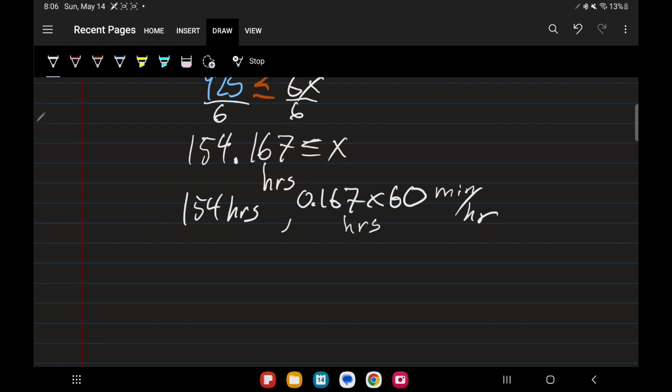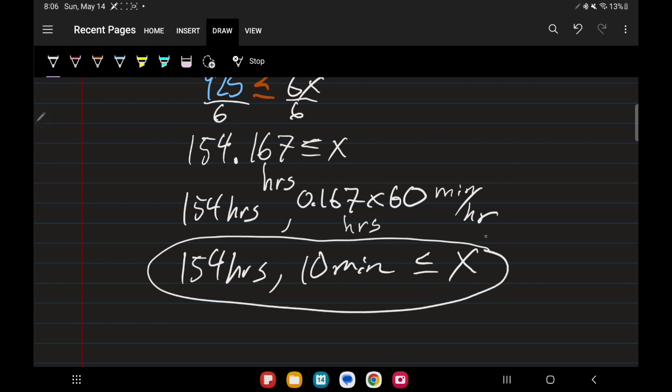So we get 0.167 times 60. So I get 154 hours and about 10 minutes is less than or equal to x. You would need that whole answer.